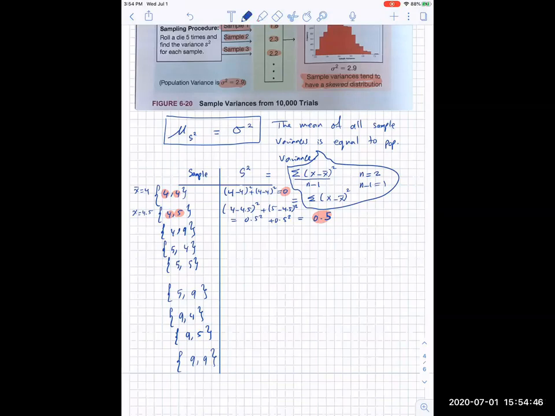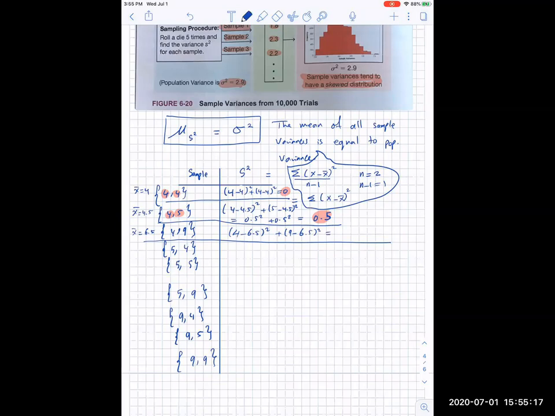Let's continue. So we found this variance here. Second one is here. Now the next one, the mean in this case is what? 6.5, right? 13 divided by 2, 6.5. So 4 minus 6.5 squared, and 9 minus 6.5 squared.